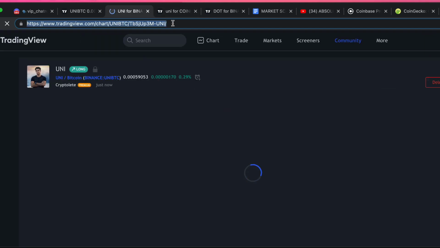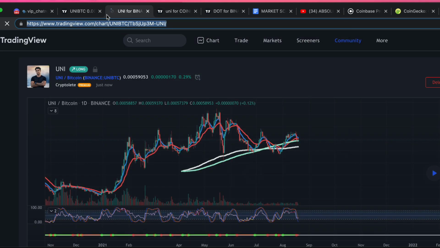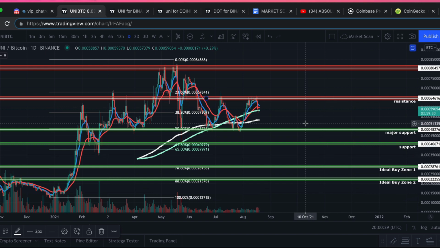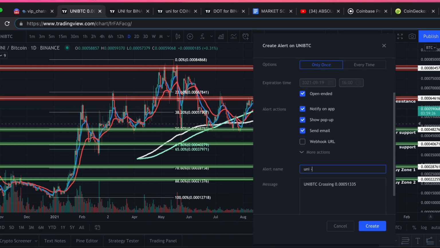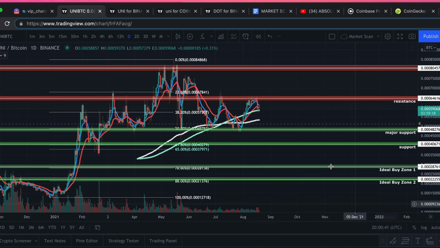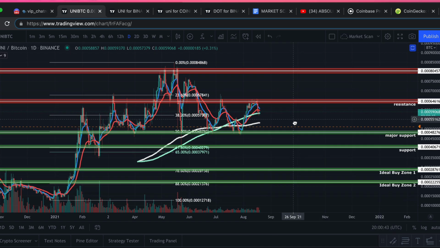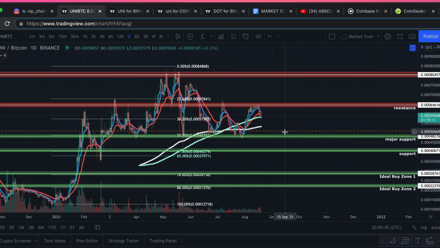So we're going to do this, and let me just copy right there, put this right here. I'm going to say UNI coming into support area, buy some, and then we will get that alert, and that'll be really good. Then we set our buy orders, stack them in down here, and that'll work out really well.